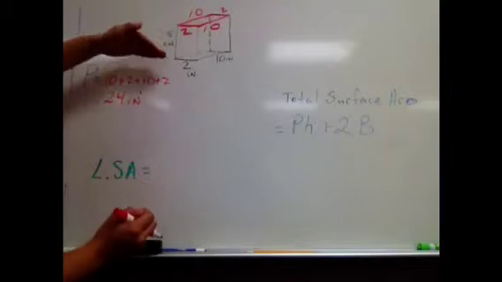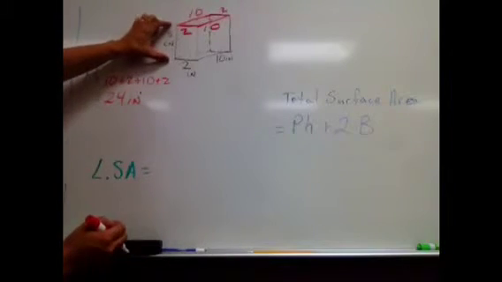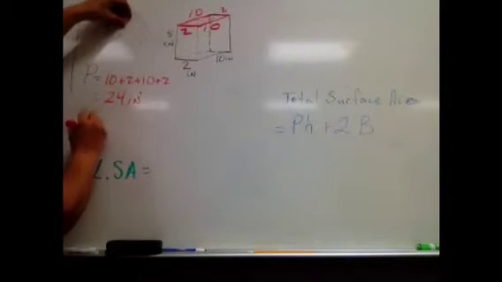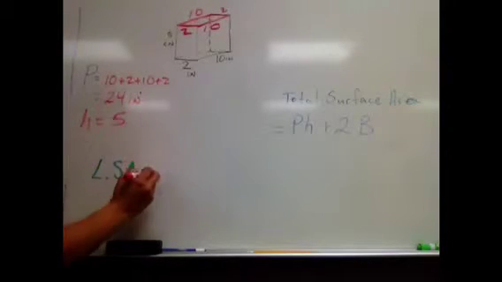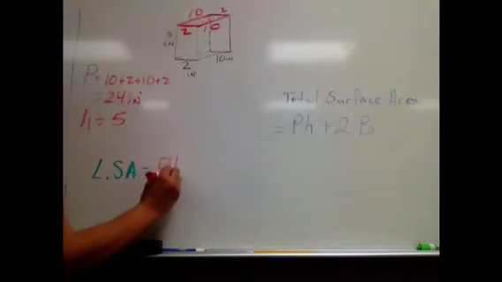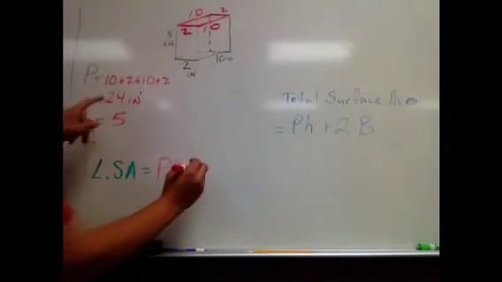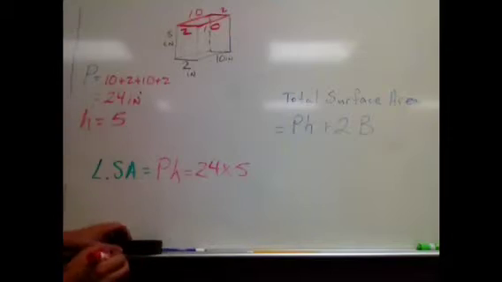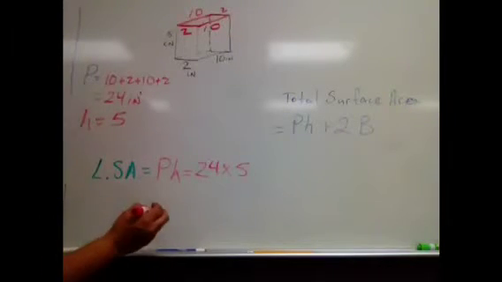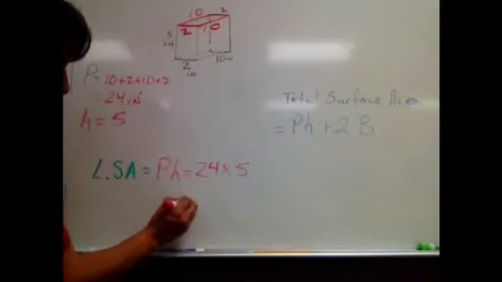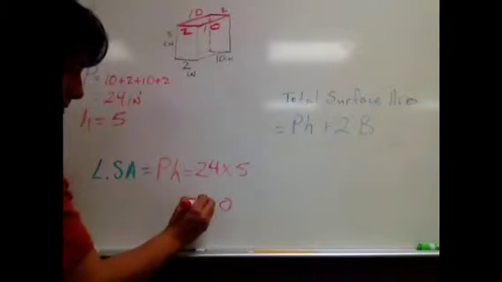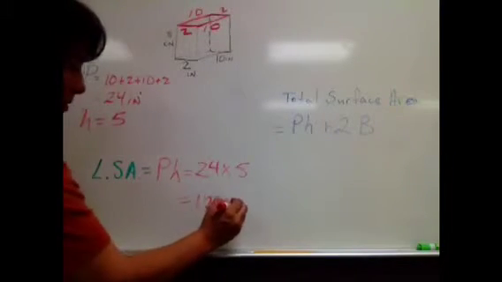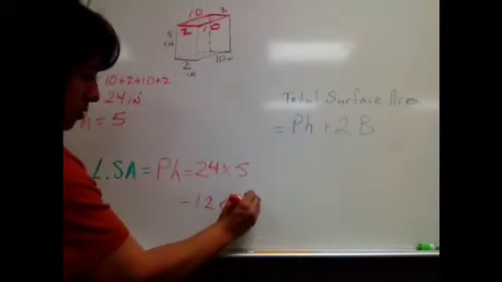The height of the whole thing is here. That's 5. The height is 5. So I'm going to multiply these. Remember, this is P times H equals 24 times 5. All right. And that should give us 120 inches squared.